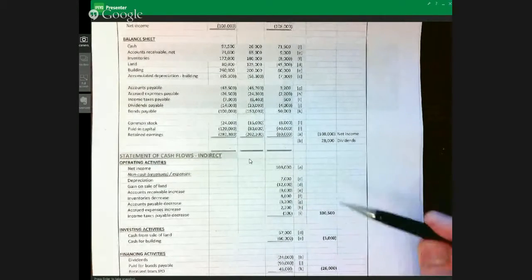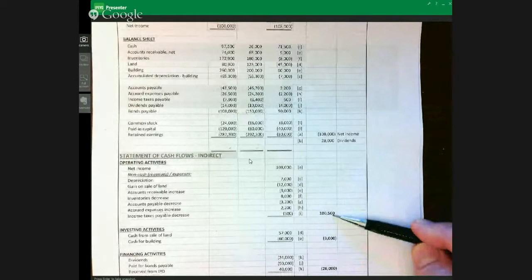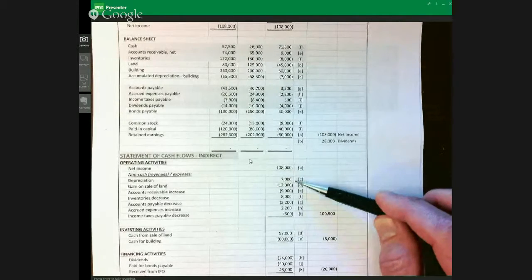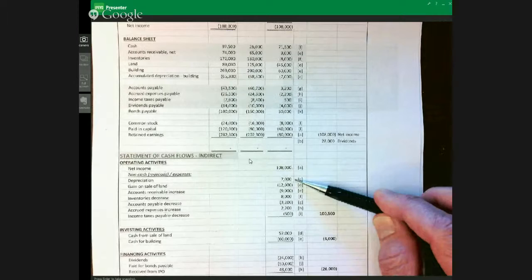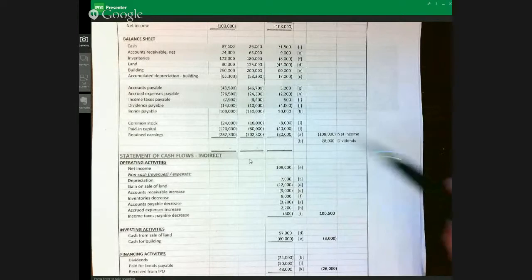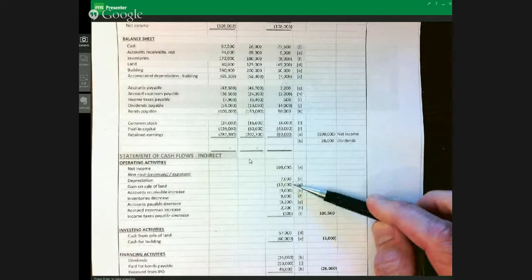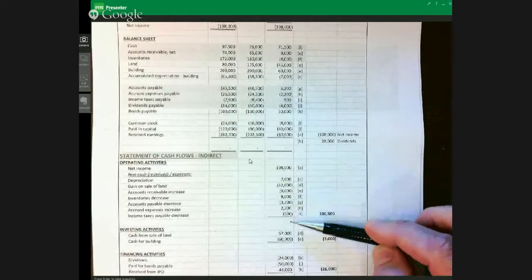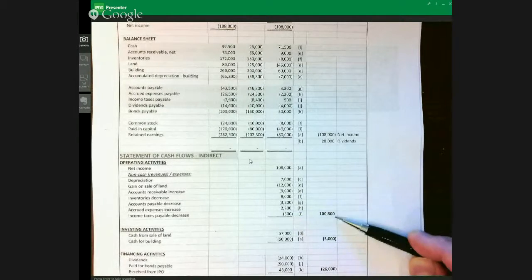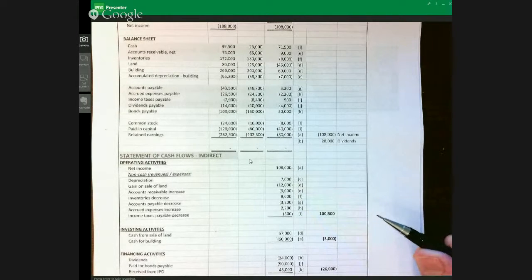So we would tell this owner, well, from running the business that you have been running, even though you've reported $108,000 of income, because of the non-cash depreciation and because of a gain that is counted elsewhere in investing activities, this particular business owner sold some land at a gain, and because of changes in the current assets and current liabilities brought about by the accrual process, which monitors income rather than cash flow, your business only generated $100,500 in cash, even though you reported $108,000 on your income statement.